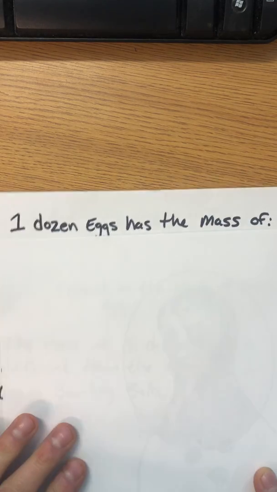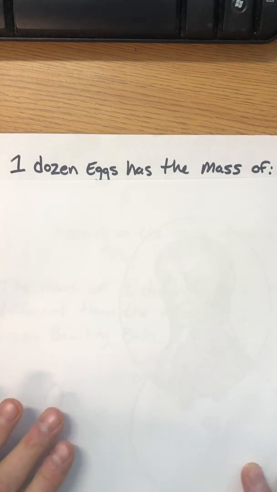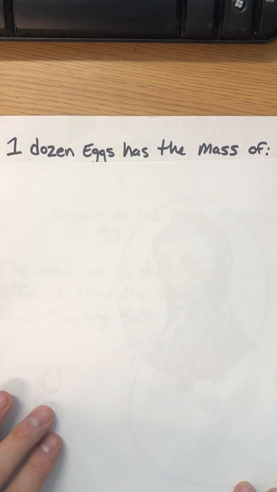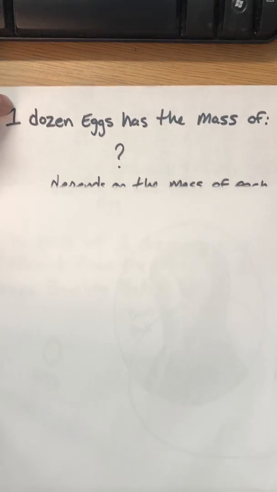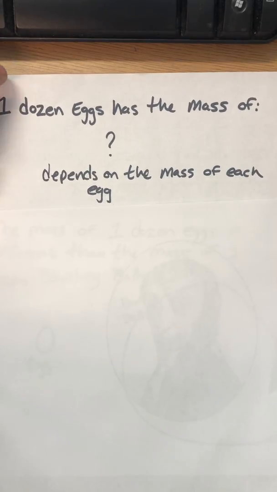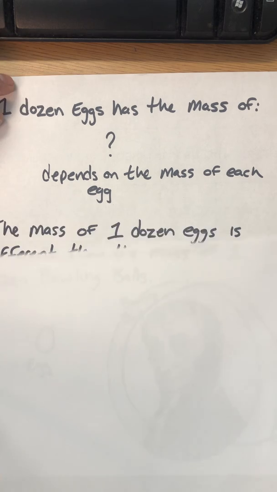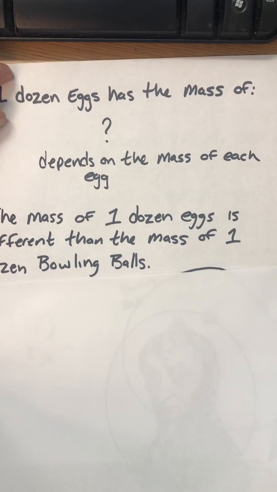So here's a question I'll start you with. You know that a dozen means 12. So if you have a dozen eggs, what's the mass of that? Well, I don't really know the answer to that because the answer would depend on the mass of each egg, right? But here's what you can say for sure.